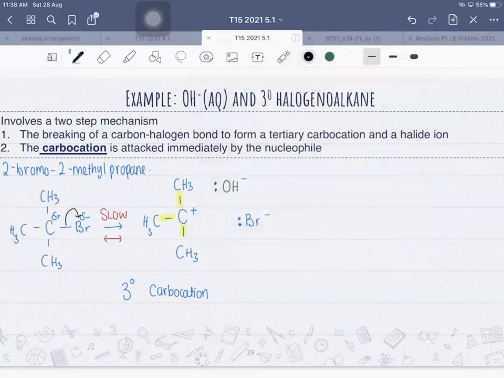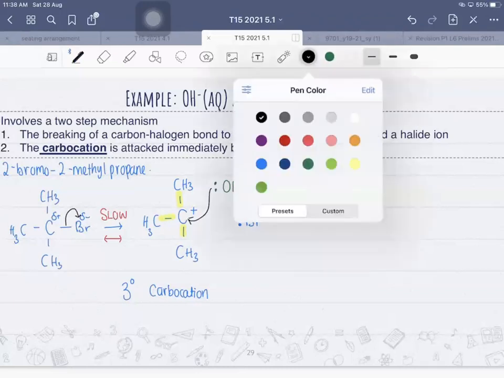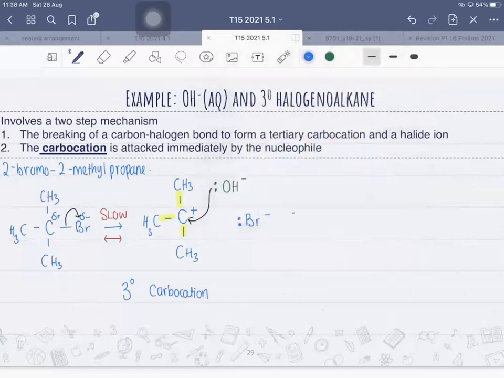So this lone pair of electrons on oxygen will be given or shared with the carbon with a positive charge. So then it forms a new bond, which is the C-O bond with carbon. If you draw your lone pair of electrons on hydrogen, it looks like the carbon is forming a bond with hydrogen, and that is wrong. So that is your new bond, the carbon-oxygen bond.